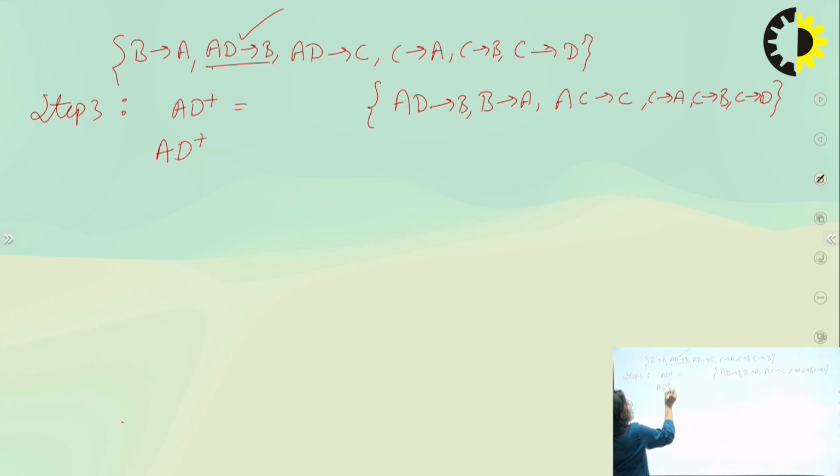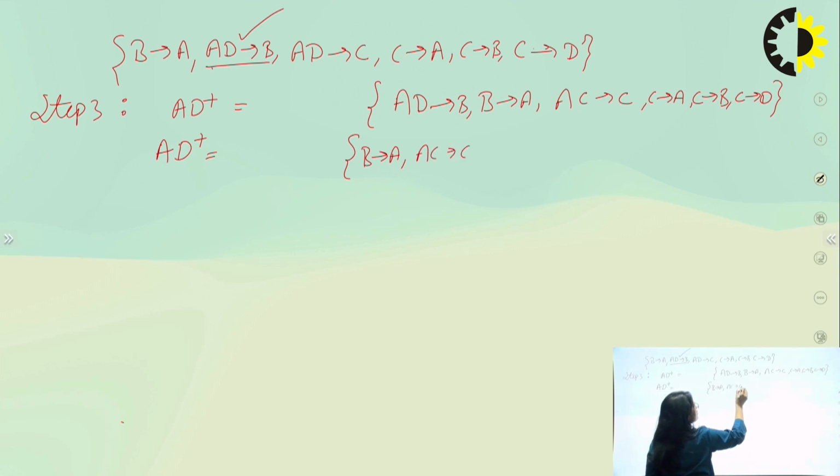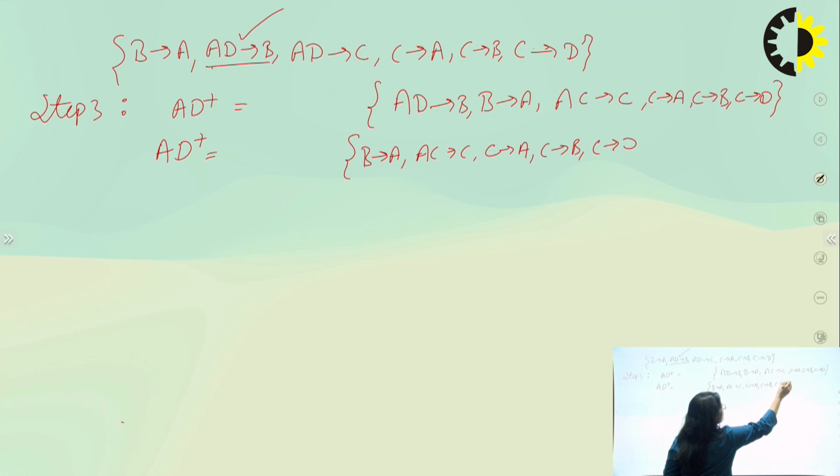We will find out the closure without excluding this. So, for that case, we will write AD tends to C, C tends to A, C tends to B, C tends to D. Okay.